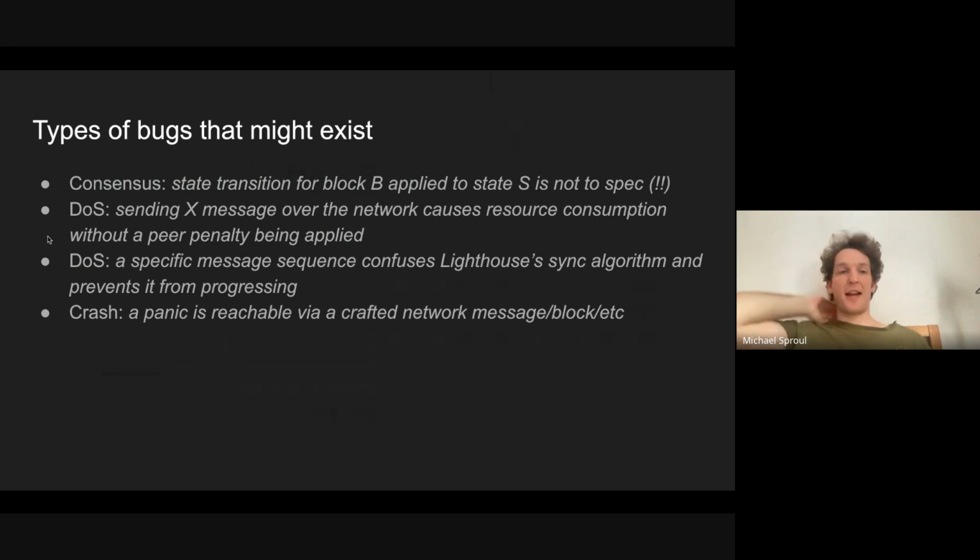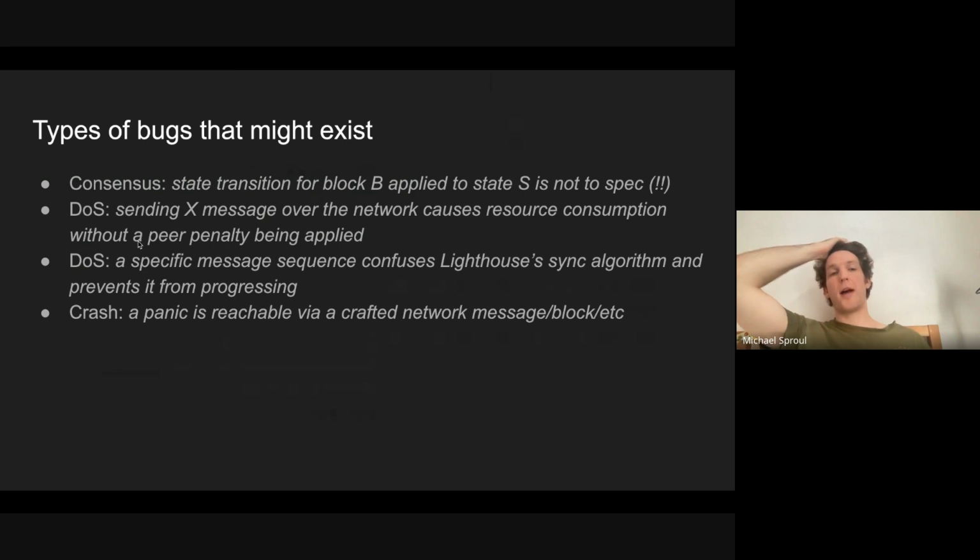Particularly if that happens without a peer penalty being applied, so that you can keep doing it, you crash a whole bunch of nodes and then they don't even ban you, and then maybe they propagate your messages to other nodes and it crashes even more people from there. That would be quite a bad bug.